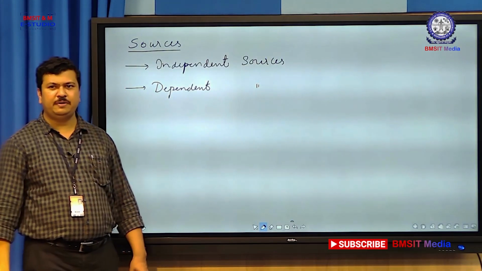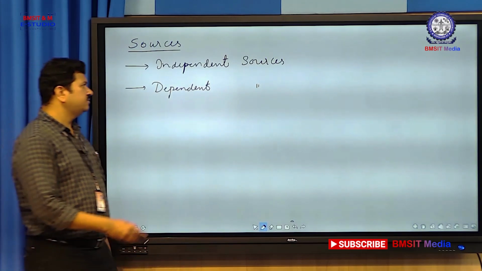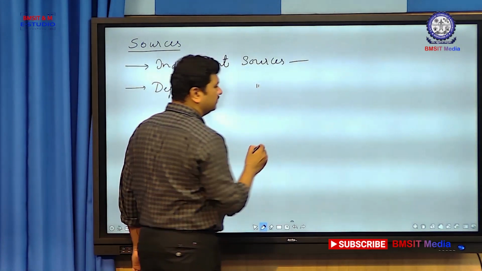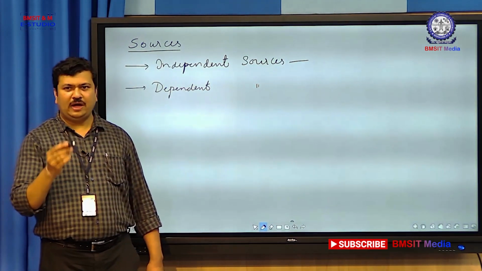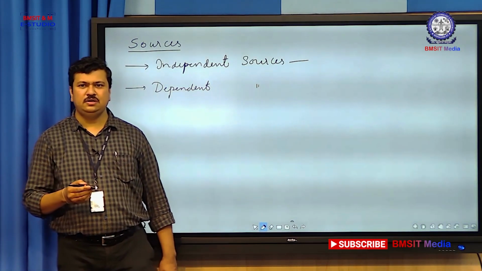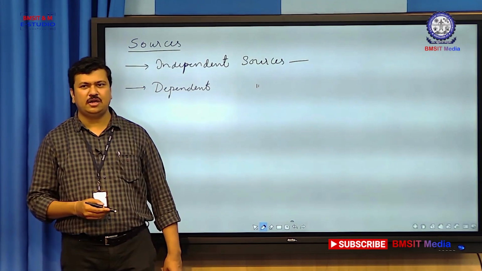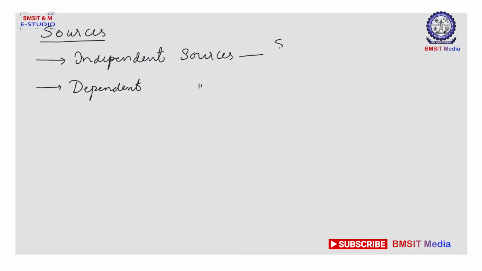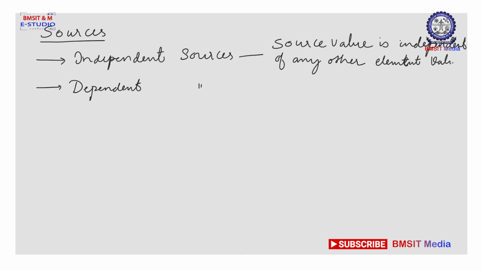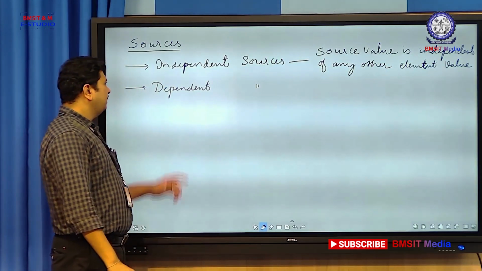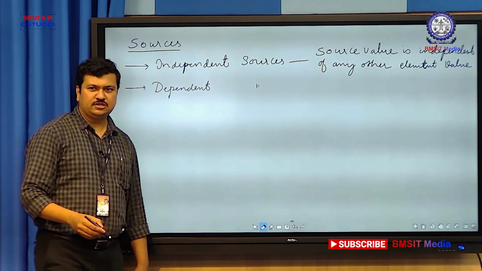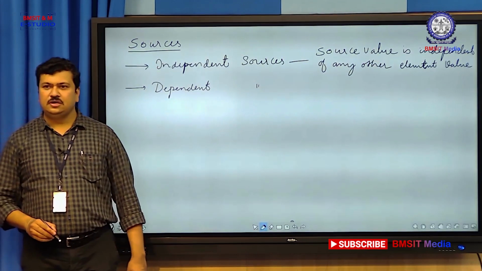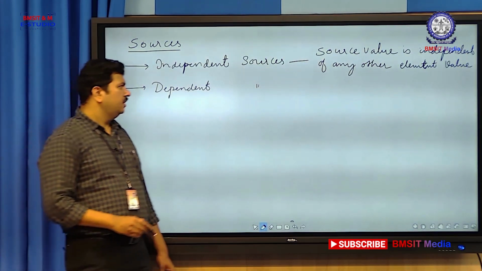As the name suggests, independent sources are the ones whose source value is independent of any other circuit element or any other circuit parameter. So, the source value of an independent source, whether it is an independent voltage source or an independent current source, is not depending upon any other element value.